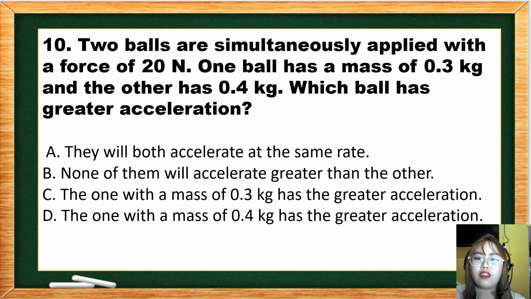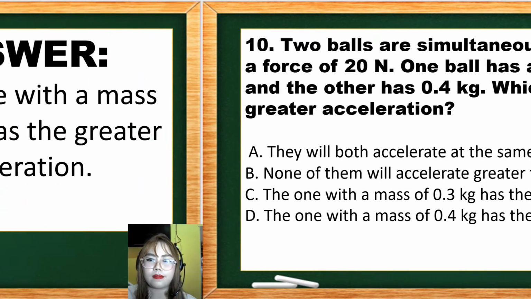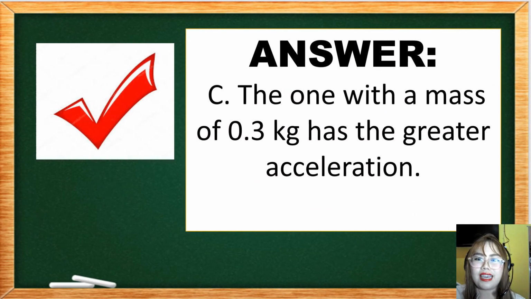B. None of them will accelerate greater than the other. C. The one with a mass of 0.3 kg has the greater acceleration. Or D. The one with a mass of 0.4 kg has the greater acceleration. Answer: letter C. The one with a mass of 0.3 kg has the greater acceleration.